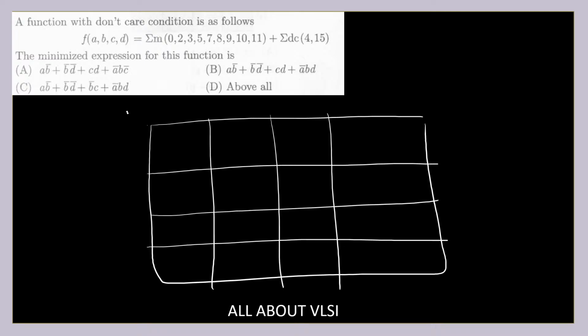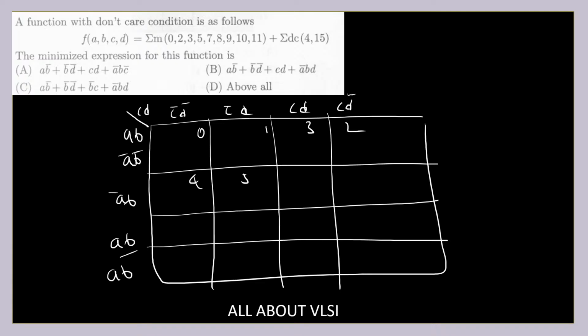And this is AB and CD. C complement D complement, C complement D, CD, CD complement, and A bar B bar, A bar B, AB, and AB bar. So 0, 1, 3, 2, 4, 5, 7, 6, 8, 9, 11, 10, 12, 13, 15, and 14.